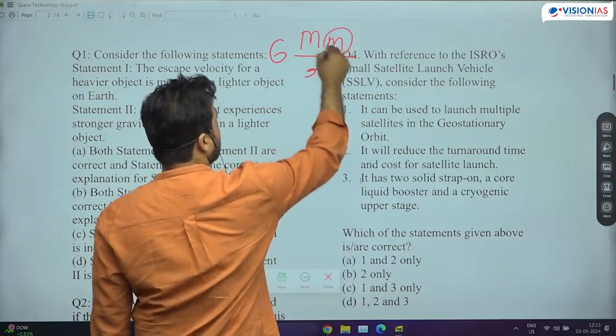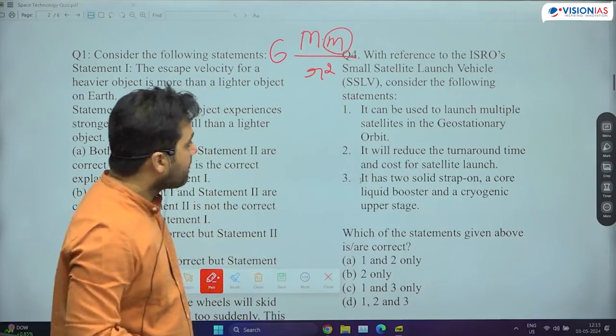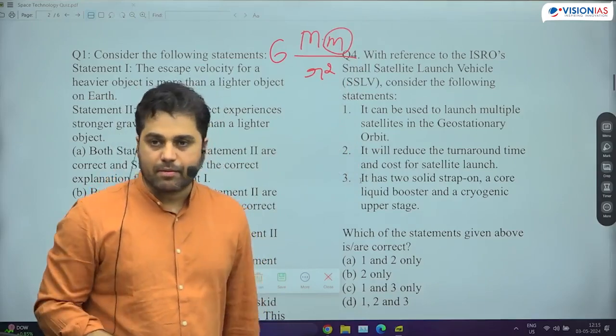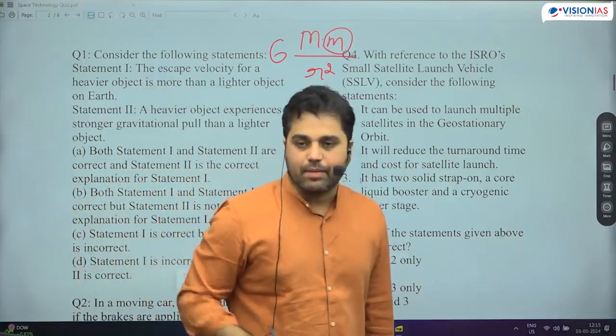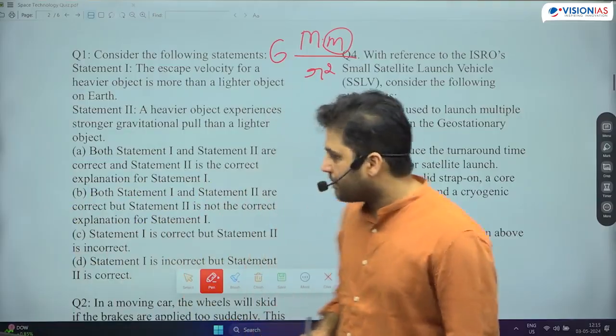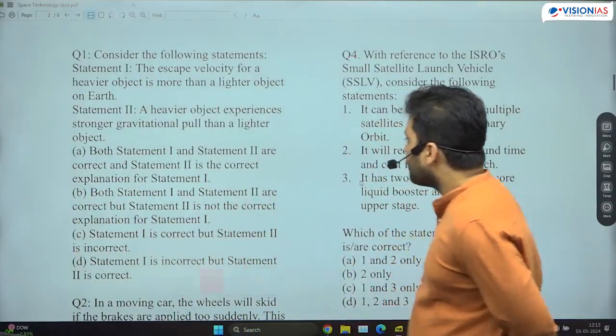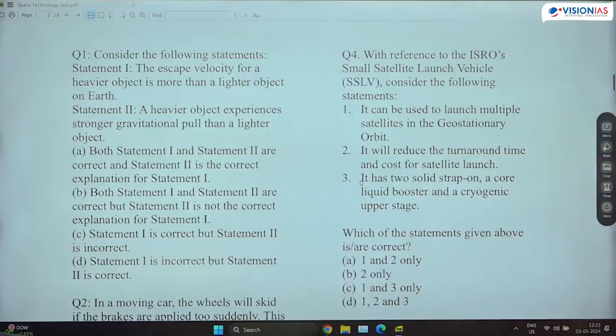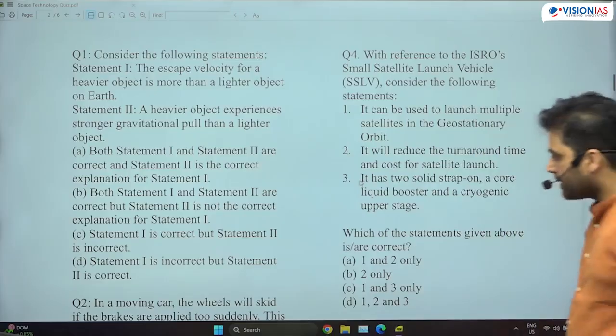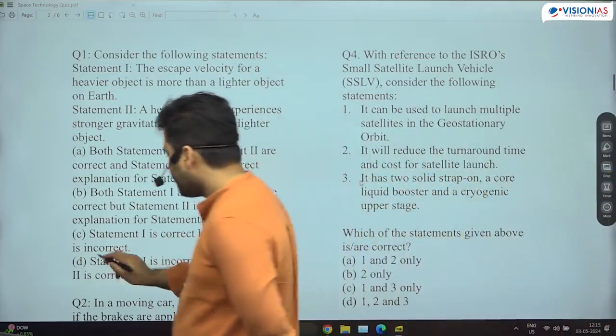So if your mass is higher, then the force of attraction which you will feel will be greater. But escape velocity will be independent of your mass per se. Any object, if we give 11.2 km per second, it's not going to return to Earth. Here statement 1 is incorrect, statement 2 is correct, D is the correct answer.